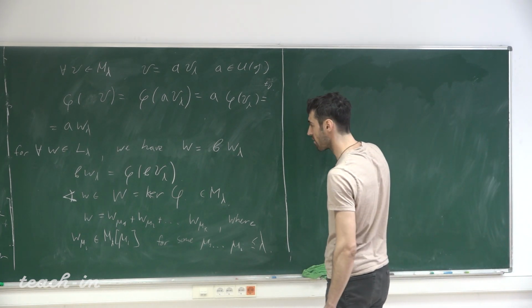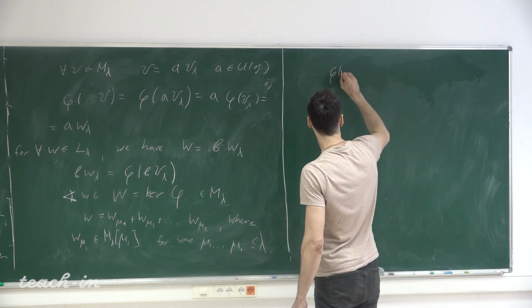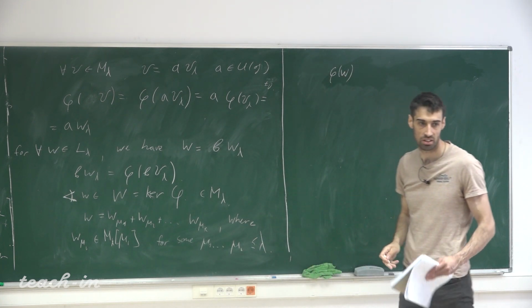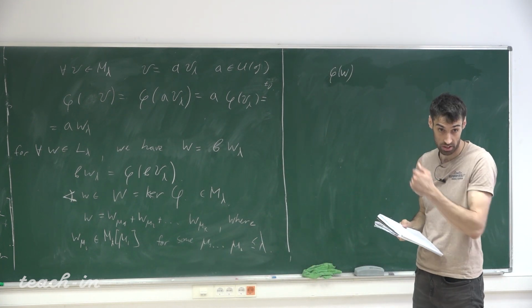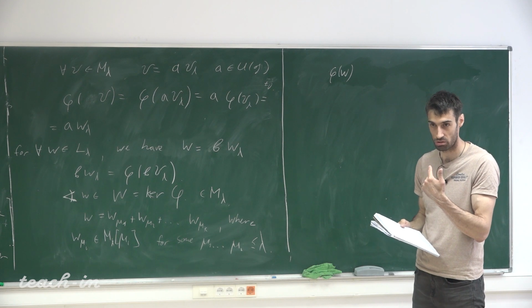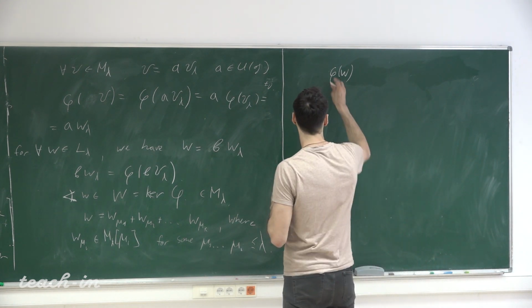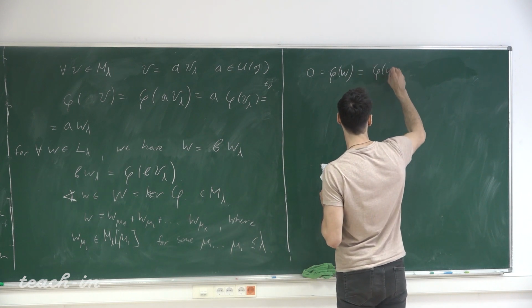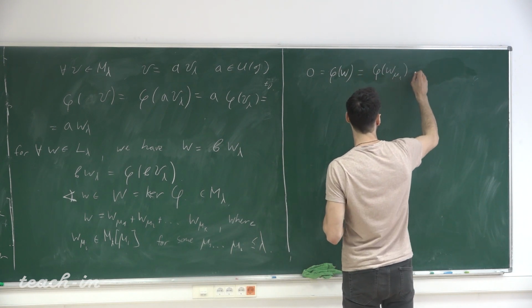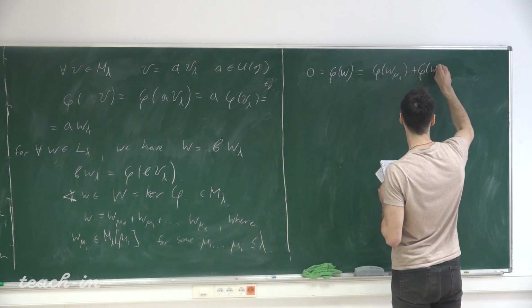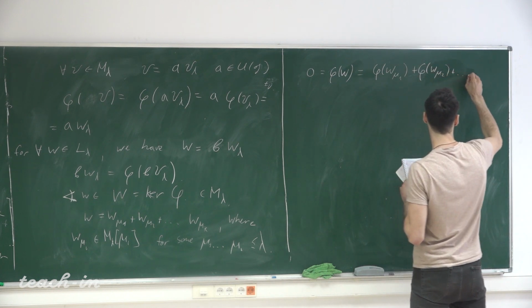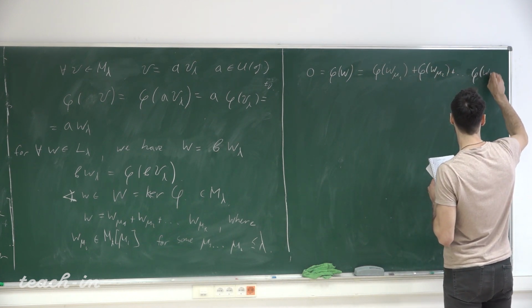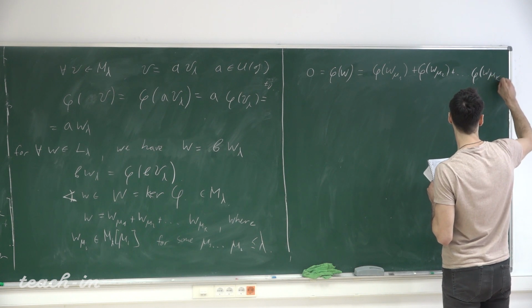If I apply phi to w, then it is 0 because w is inside the kernel. On the other hand, it is phi of w mu 1 plus phi of w mu 2 plus and so on, phi of w mu k.